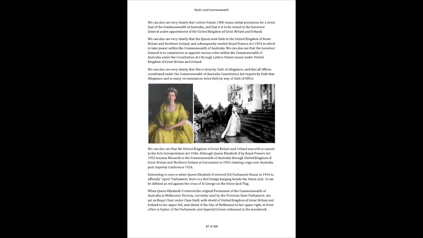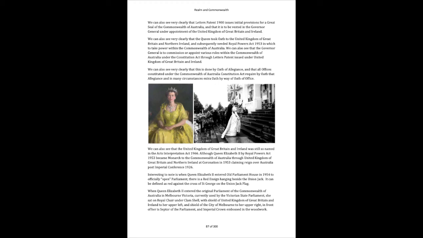We can also see very clearly that this is done by oath of allegiance, and that all officers constituted under the Commonwealth of Australia Constitution Act were required by oath to give that allegiance, and in many circumstances an extra oath by way of oath of office. We can also see the United Kingdom of Great Britain and Ireland was still so named in the Acts Interpretation Act 1966.